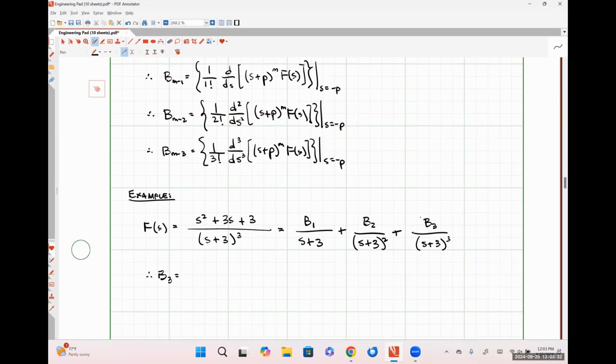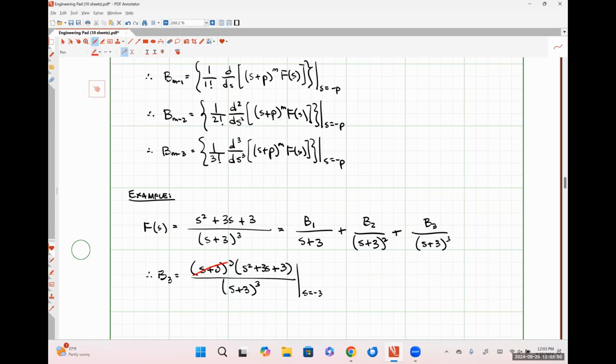So we should have s plus 3 cubed times s squared plus 3s plus 3 over s plus 3 cubed, evaluated at s is equal to -3.